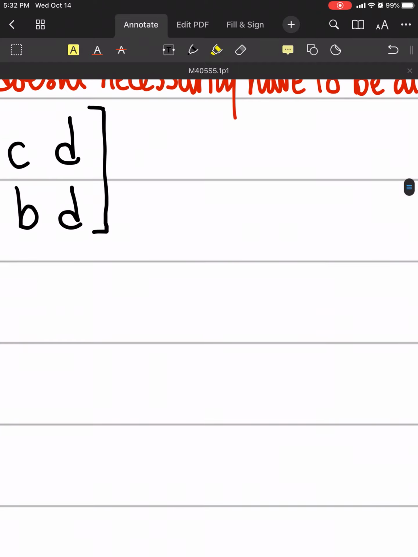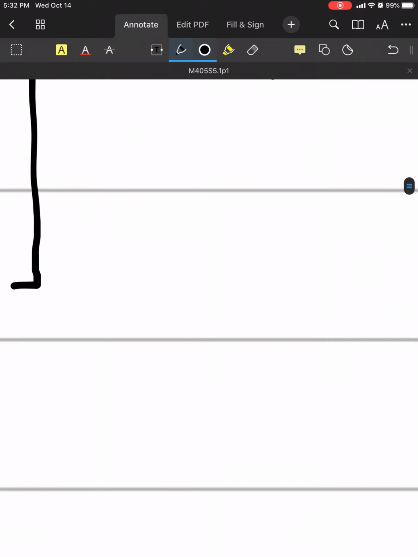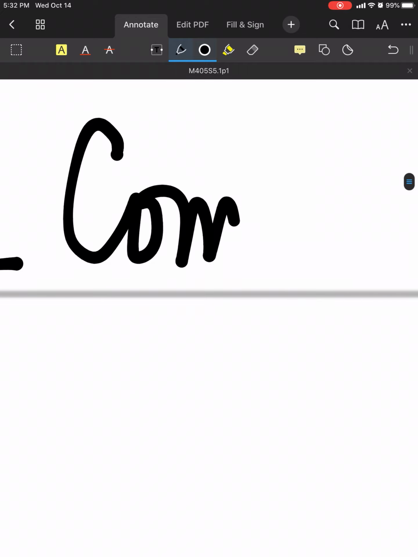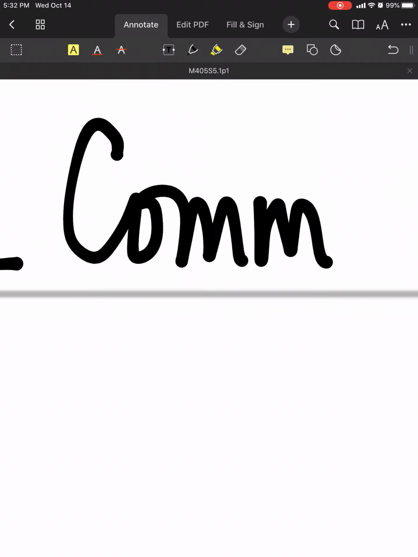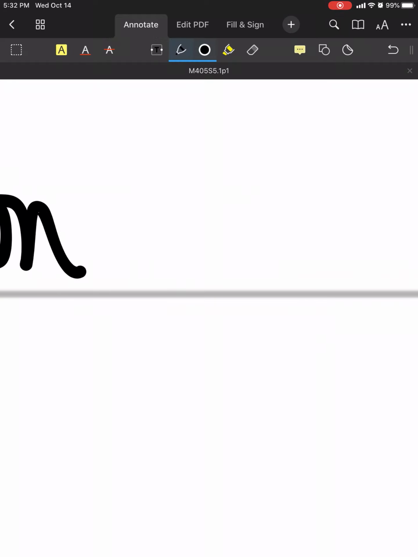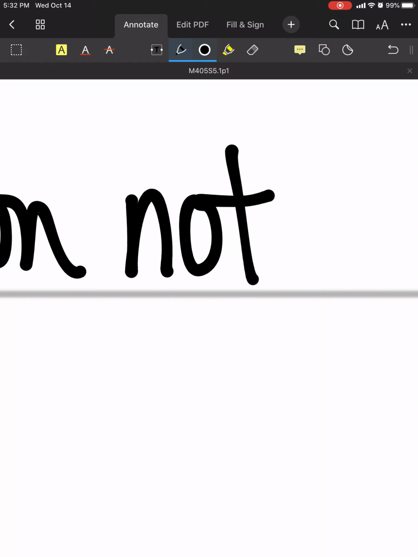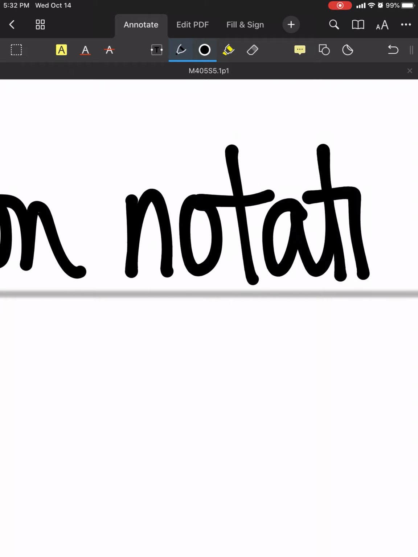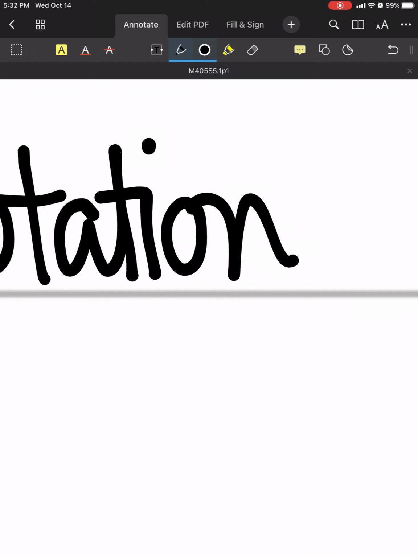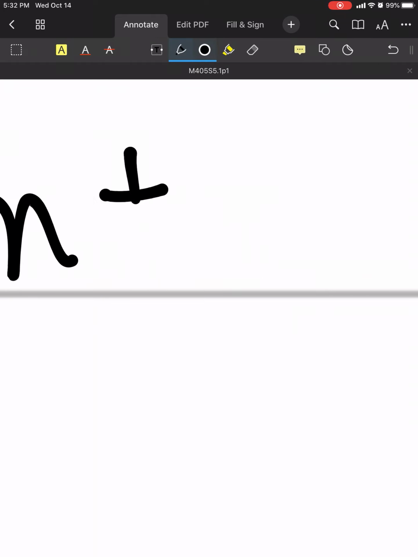Now, this notation is a common one to show how a permutation works.